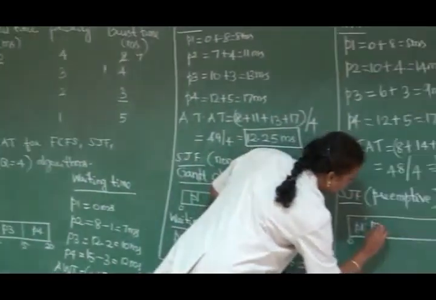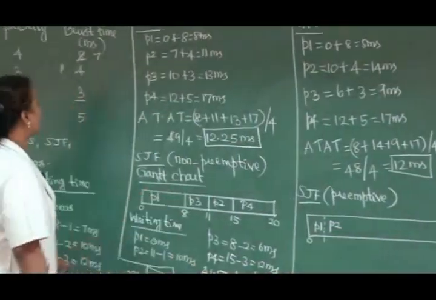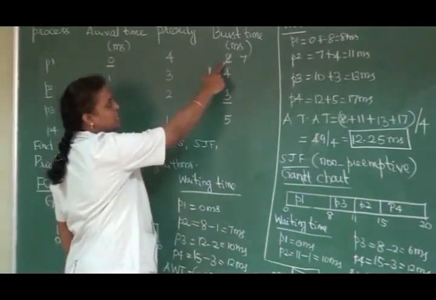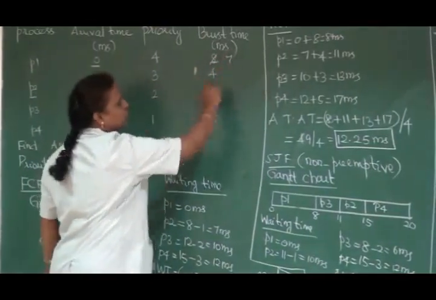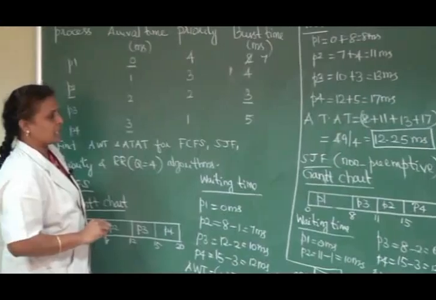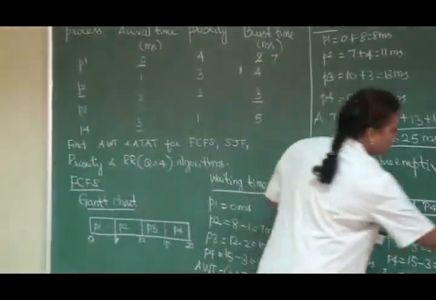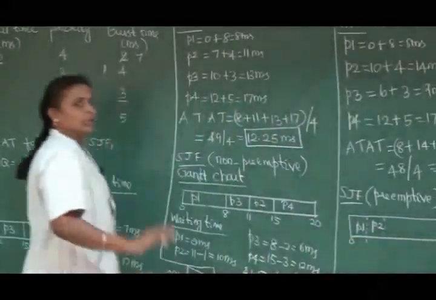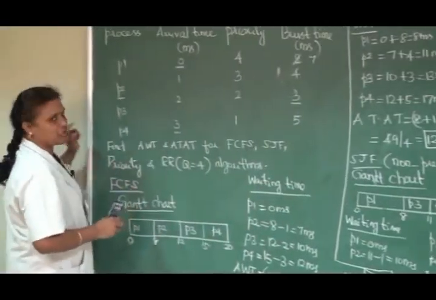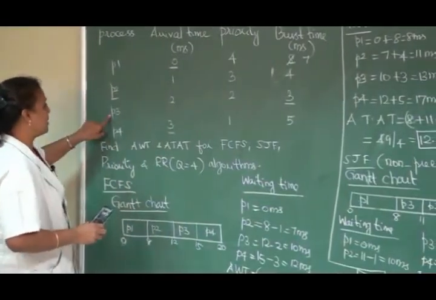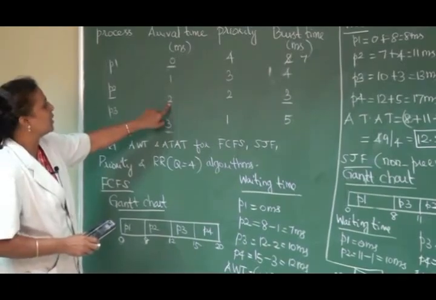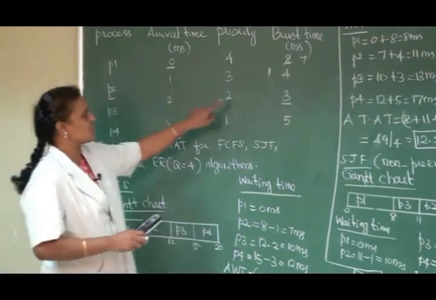So P2 can get the CPU now, and P1 is executed only for 1 millisecond. So it has to be executed for 7 more milliseconds. So here P2 can be executed until another new process arrives. New process P3 arrived at the time of 2nd millisecond, and its burst time is 3.